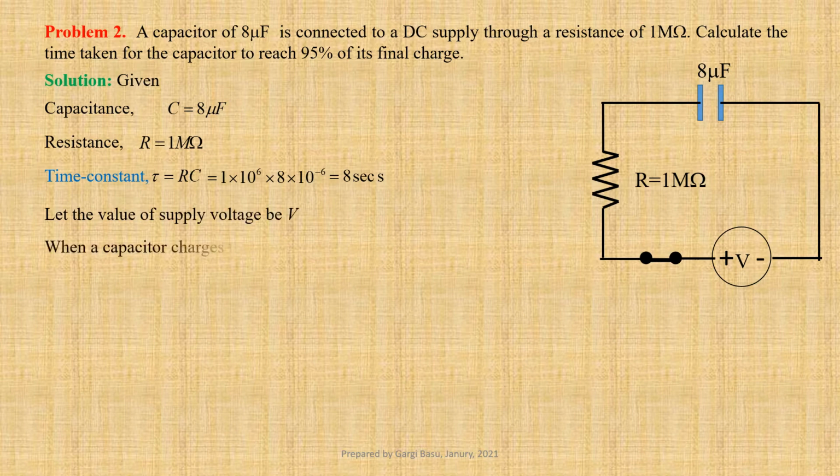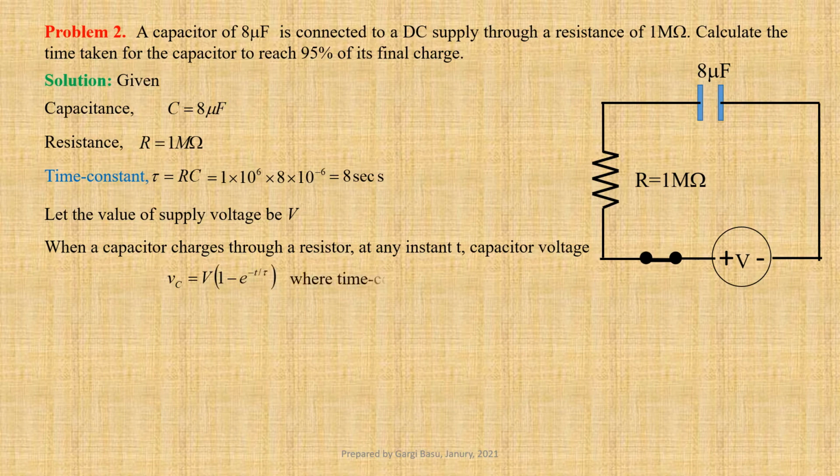When a capacitor charges through a resistor at any instant t, capacitor voltage Vc equals V into 1 minus e to the power minus t by tau, where time constant tau equals R into C. Capacitor charge Qc equals C into Vc.